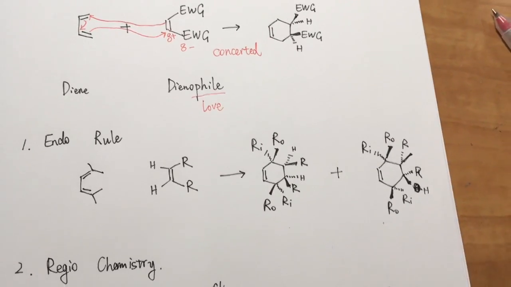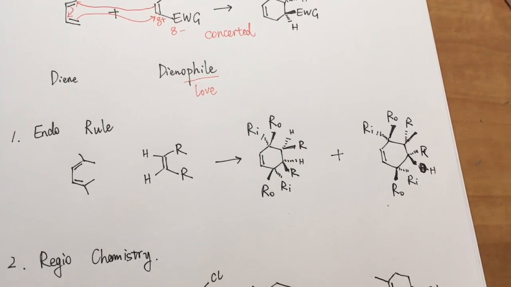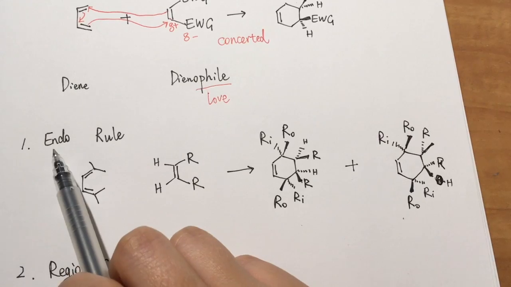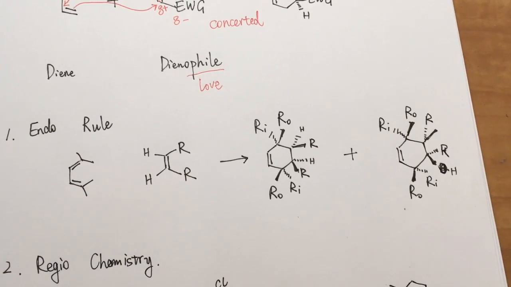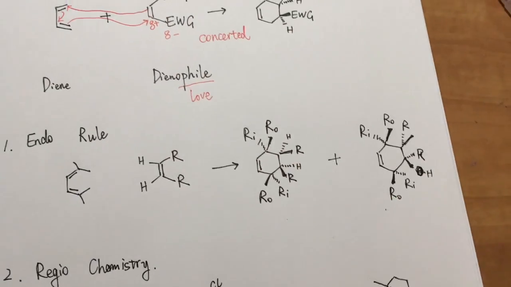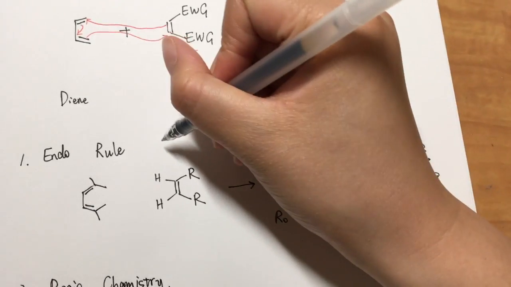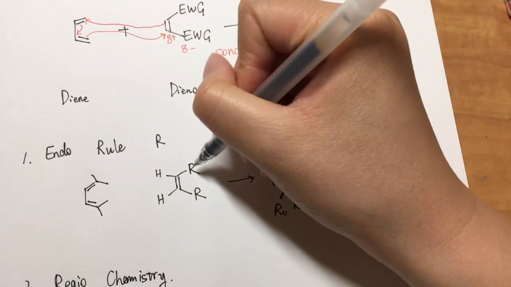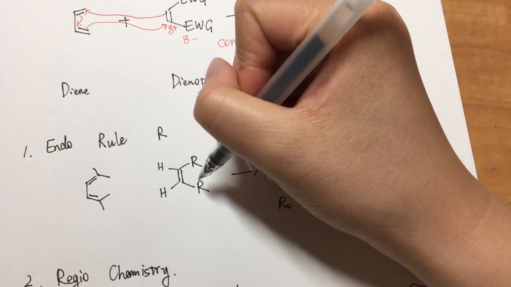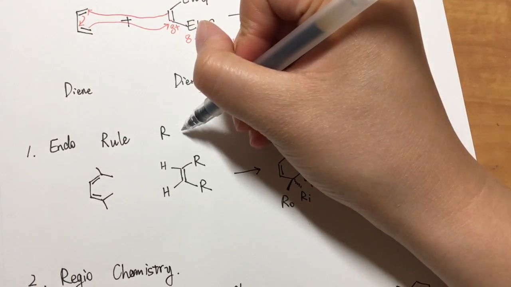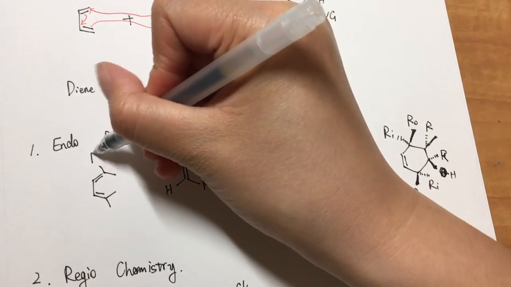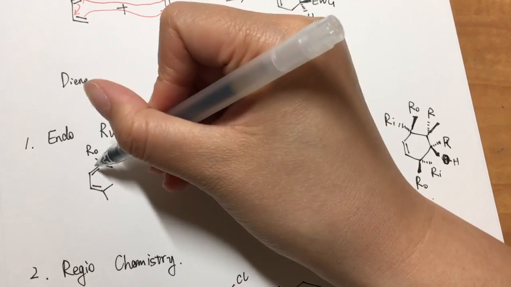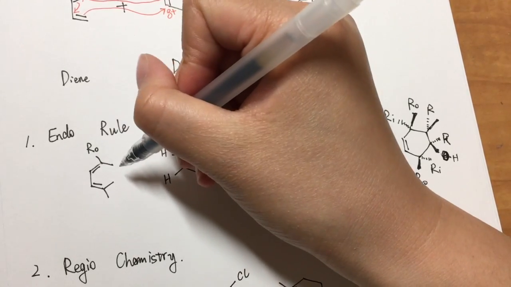One thing you need to know about Diels-Alder reaction is the endo rule. Endo means the R group of the alkene will be in this position with the R group outside of the diene.